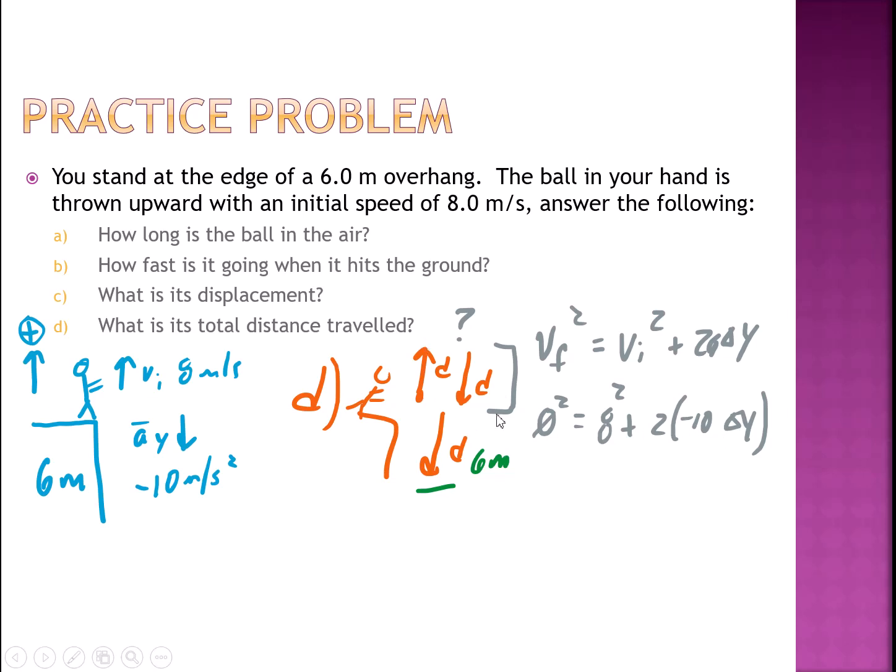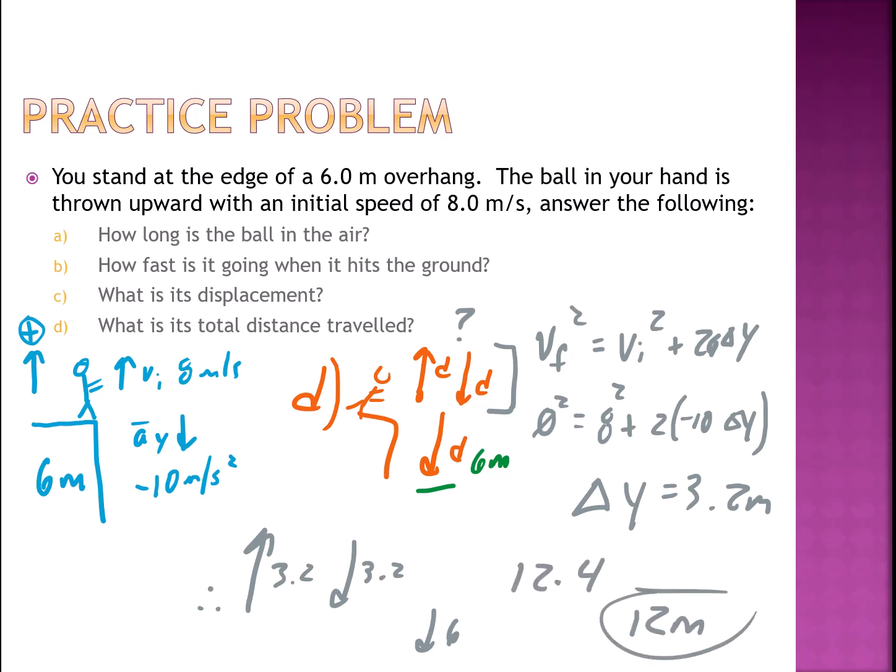I'm solving for the change of y from here to here. Solve the equation, you get 3.2 meters. So it'll travel 3.2 meters from when I let go until it reaches the speed of 0 due to gravity, slowing it down, and then it's going to fall 3.2 meters back down, and then it's going to keep going the 6 meters down. Add up those numbers with 2 digits to maintain the 2 sig figs up here, 12 meters.